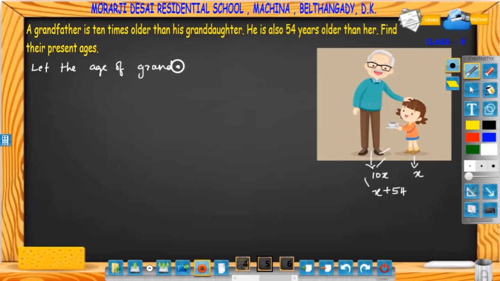Let the age of granddaughter be x, and the age of grandfather be 10x.